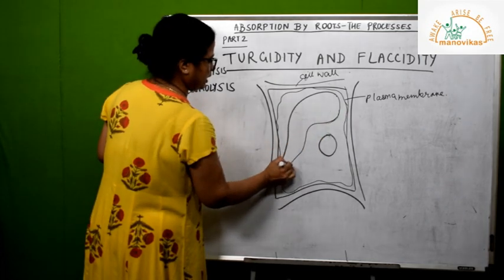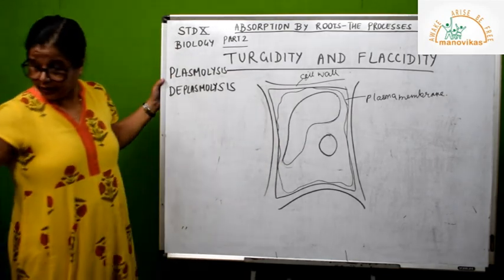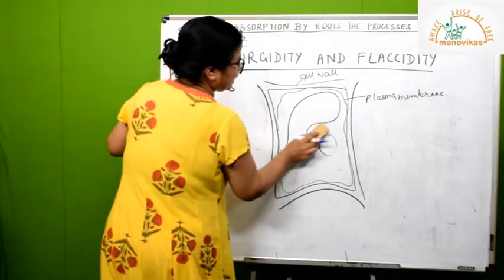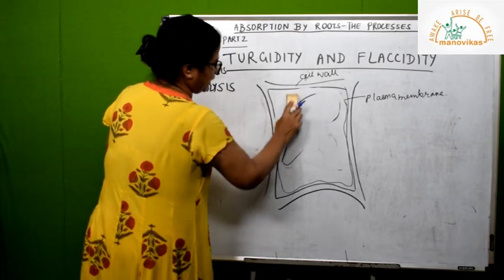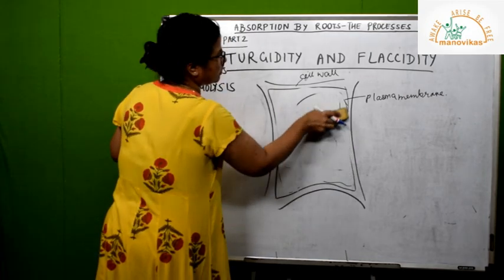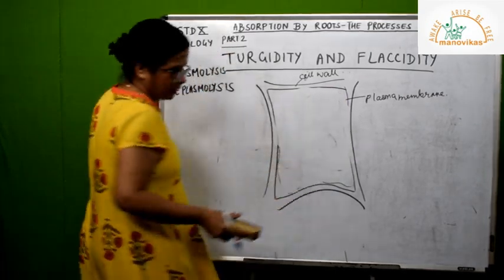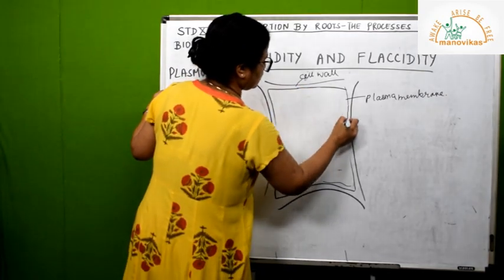It becomes smaller and smaller till it reaches a stage where you will see that the interior contents along with the plasma membrane have completely left the walls. In the end, it looks like this. This is the cell wall.